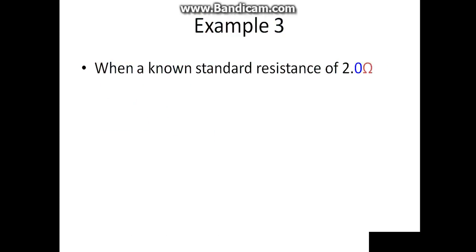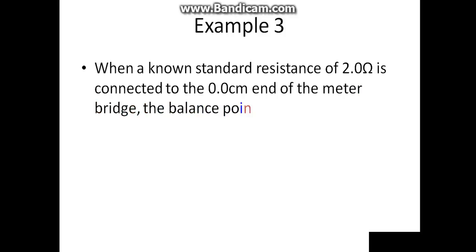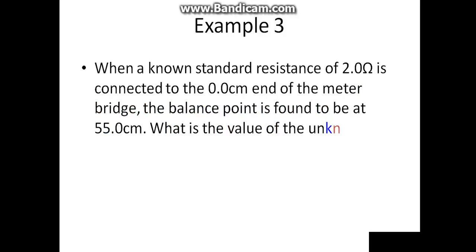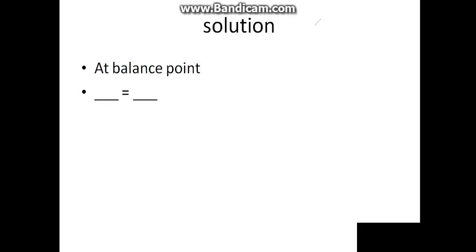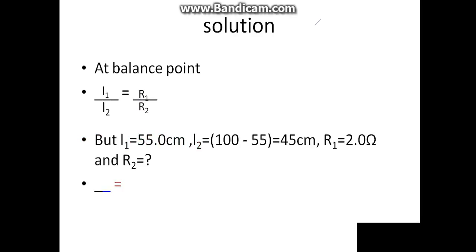Example 3. When a standard resistance of 2.0 ohms is connected to the 0.0 cm end of the meter bridge, the balance point is found to be at 55.0 cm. What is the value of the unknown resistor? Solution. At balance point, L1 over L2 is equal to R1 over R2, but L1 is equal to 55.0 cm.